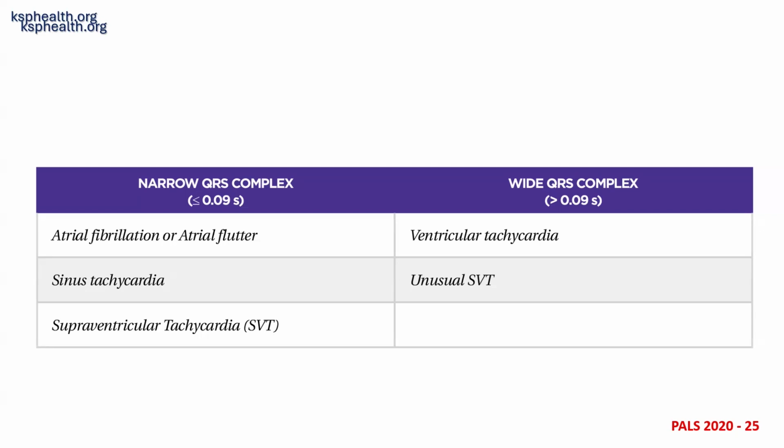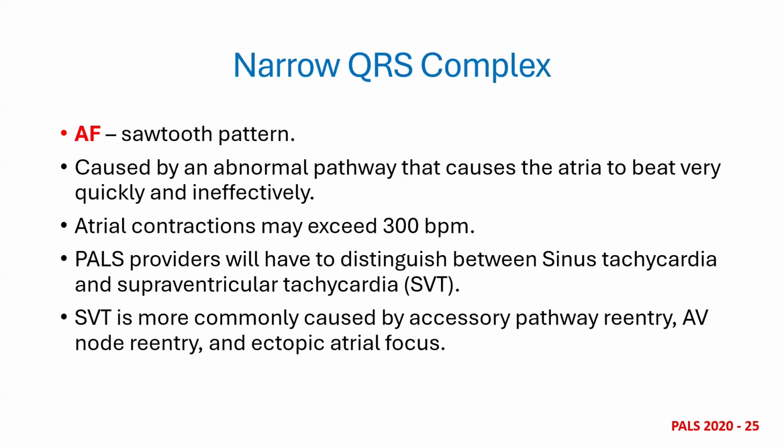Okay, a narrow QRS complex is less than 0.09 second, which is seen in atrial fibrillation, atrial flutter, sinus tachycardia, and supraventricular tachycardia. A wide QRS complex you see in ventricular tachycardia and unusual SVT. There are certain SVTs that will have a prolonged QRS complex. As I mentioned earlier, atrial flutter will have a typical sawtooth pattern.